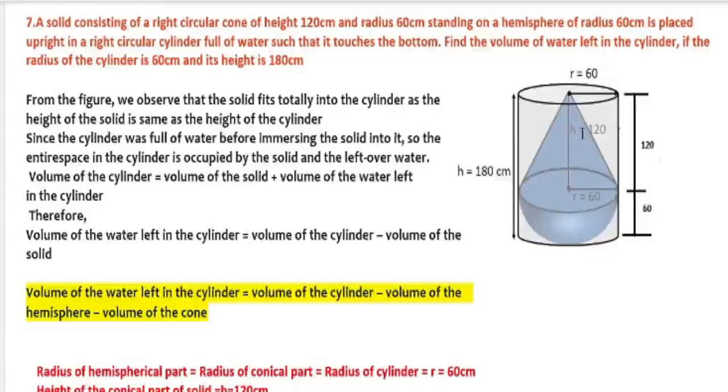The height of this cone is 120 centimeter and here the radius of the sphere is 60 centimeter. That means the radius of the hemisphere is same as the radius of the cylinder. And also the height of this hemisphere is same as the radius, that is also 60 centimeter.